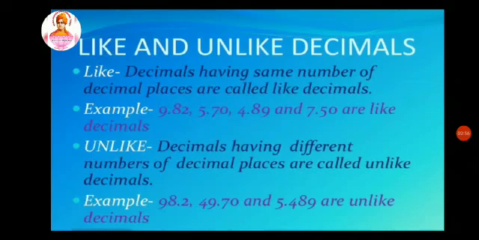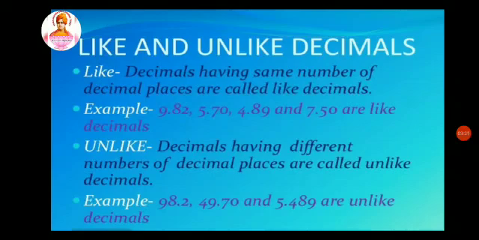Likewise, the second number has 2 decimal places, and the third number also has 2 decimal places. In the fourth number, I have 50 in the decimal part, so there also I have 2 digits. So in all these numbers, I have 2 decimal places.